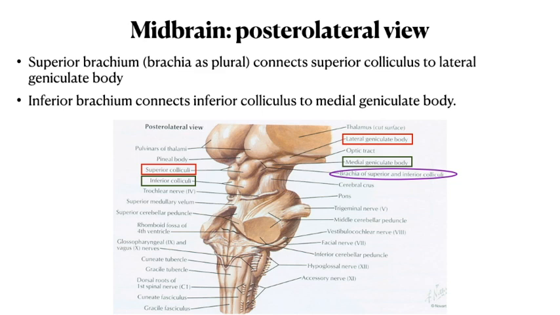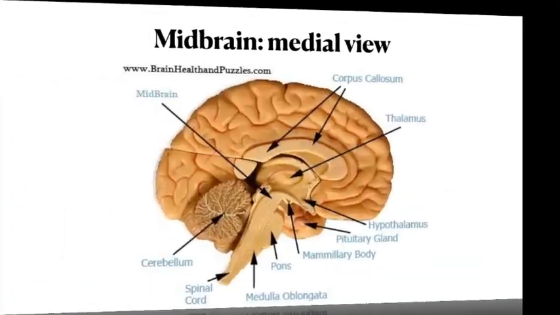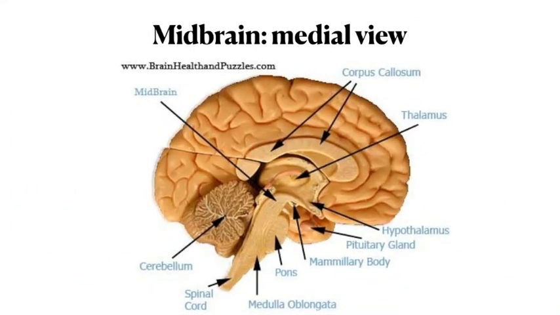So the superior colliculus and lateral geniculate body are involved in the visual function, while the inferior colliculi and medial geniculate body are related to the auditory function. This is the mid-sagittal view of the left brain, so you can see the left brain stem.